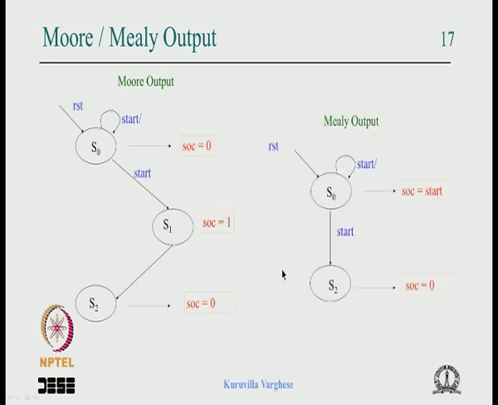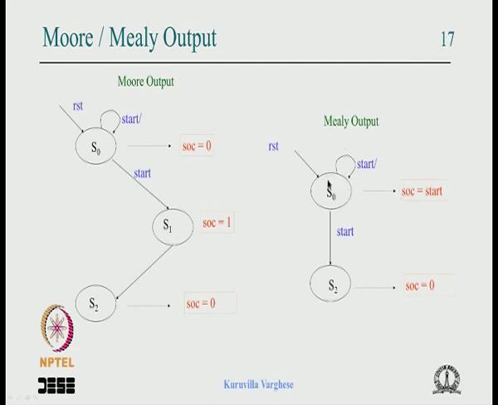That means the machine is in state 0 at power on, waiting for the start signal. As long as start is not active, it remains in this state, and instead of saying SOC is 0, we say SOC is 1 if start is 1 in this state, without transiting to another state. We hope that sometime while in this state the start becomes 1.